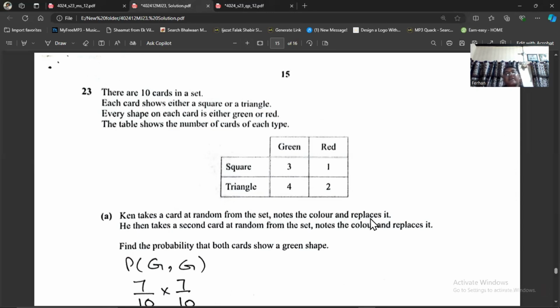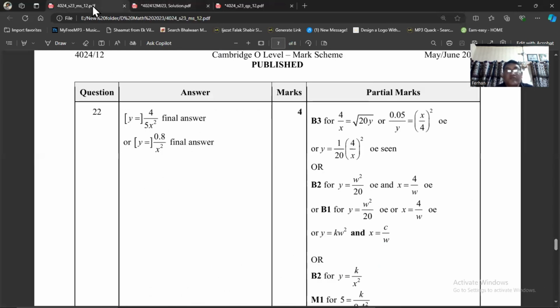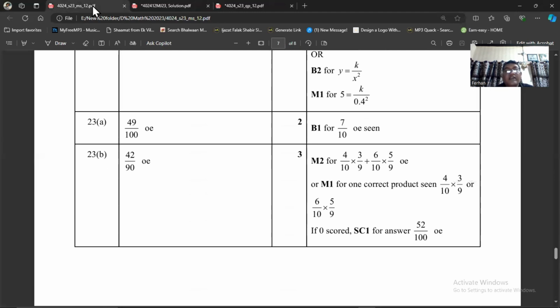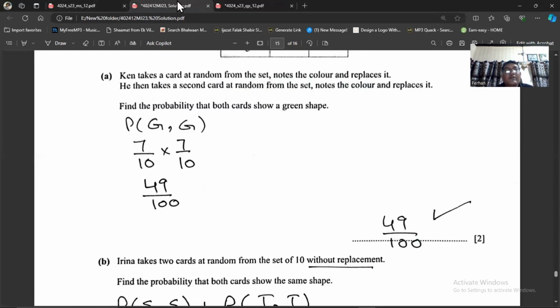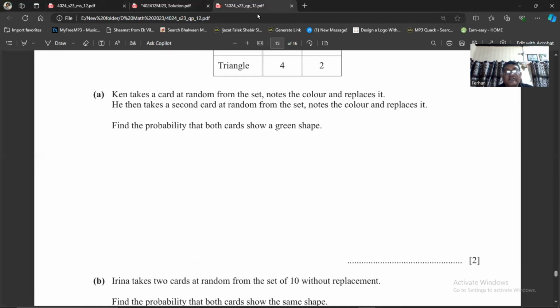He then takes a second card at random from the set. So the total will not change, nothing will change. So the probability of green, green will be 7 by 10 multiplied by 7 by 10, so it is 49 by 100. Let's check if the answer is right. That is 49 by 100, so our answer is right. Here they have replaced the card which they have taken out. That's why the total has not changed.